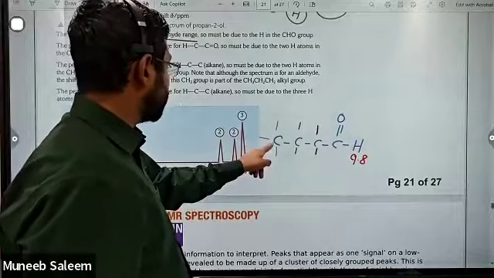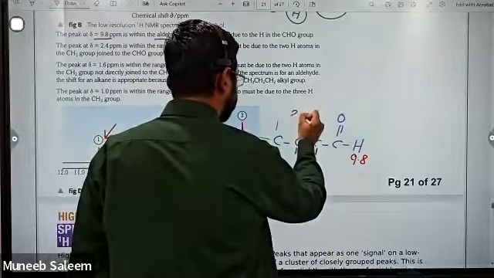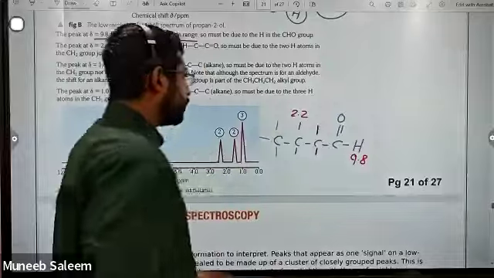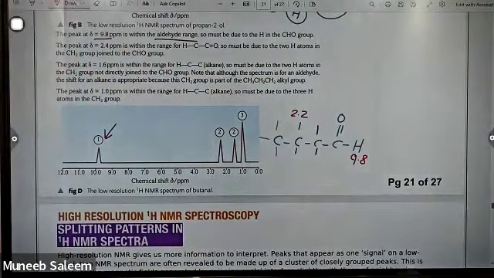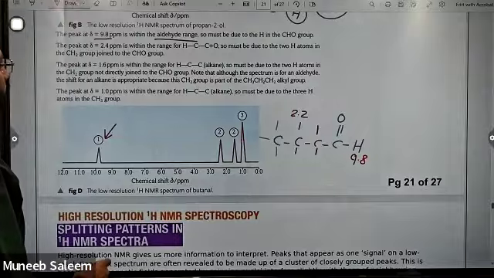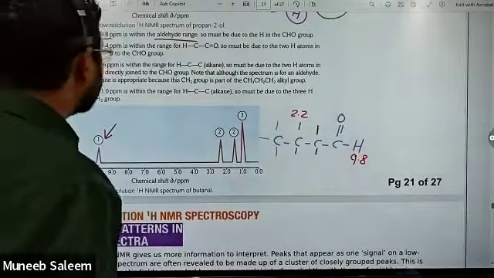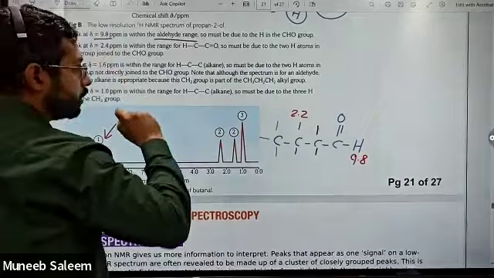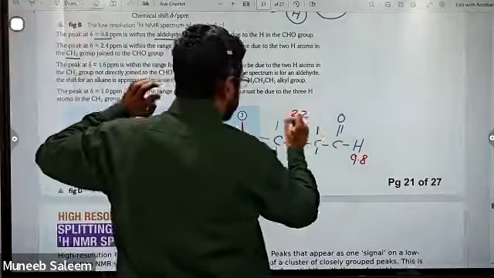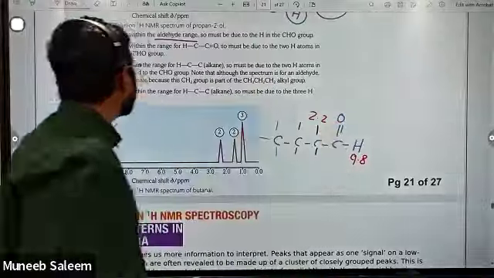The carbon next to this one, 2.2 ppm. The 2.2 ppm is for these 2 hydrogen atoms of the CH2 group joined with the CHO group, the ones labeled by black, so 2.2 ppm.